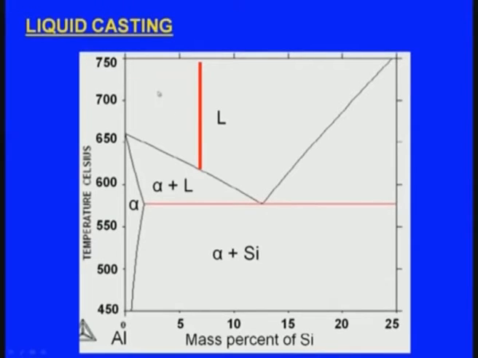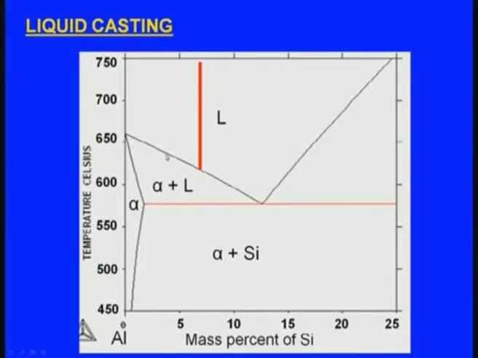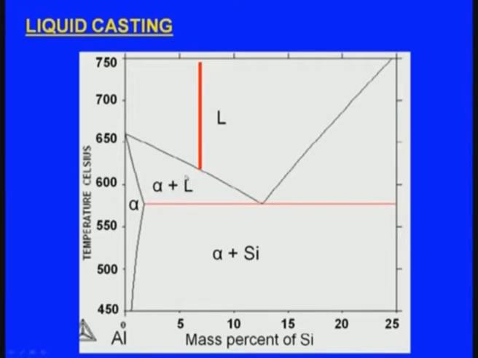And here we can see the liquid casting. This is the phase diagram of aluminum and silicon, and here we can see this is the liquidus temperature and this is the solidus temperature, and this is the mixture of liquid and solid. Now, if it is the liquid casting, the casting is carried out above the liquidus temperature.